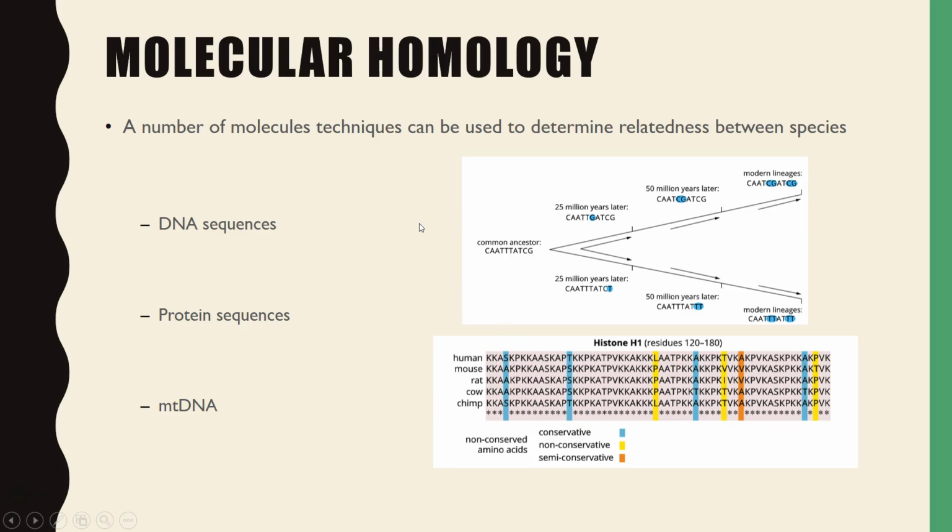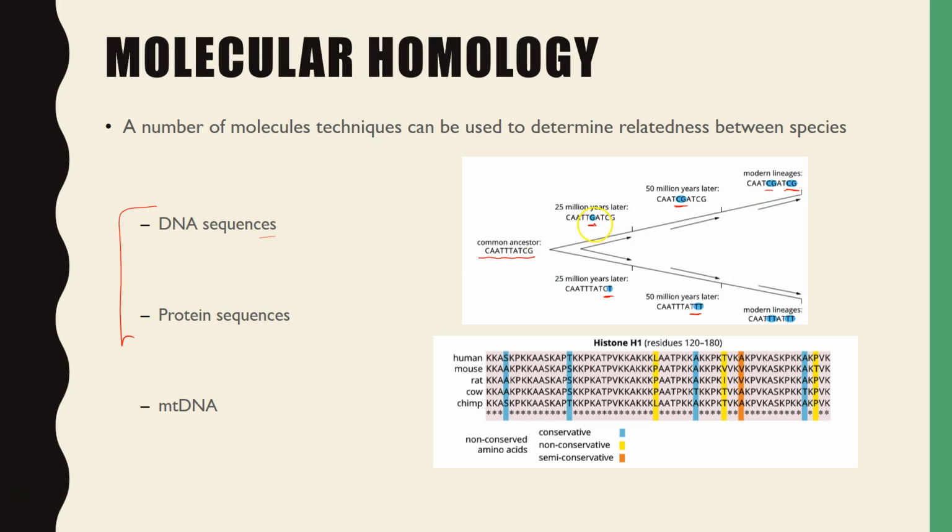There are other ways of looking at relatedness in species, and that's DNA sequences, protein sequences, and mitochondrial DNA. In this slide, we're going to be looking at DNA sequences and protein sequences. So, for example, a common ancestor has this particular nucleotide sequence. Over time, there are changes due to random mutations in various sequences, and this can be used to work out the relatedness between species.